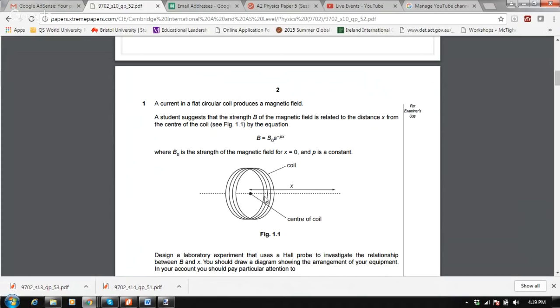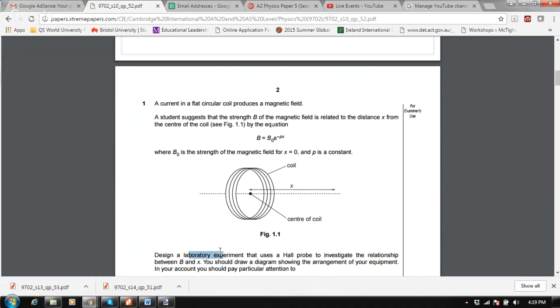Now, the very first thing which I do in such kind of questions, I look at the equation, और इक्वेशन देखते ही मुझे पता चल जाता है कि मुझे लॉग फंक्शंस यूज करने पड़ेंगे या नहीं करने पड़ेंगे। और दूसरी चीज मुझे क्वेश्चन का स्क्रिप्ट और से देखने में पता चल जाएगा कि which one is independent and which one is dependent. Now, if you move to this part, design a laboratory experiment.